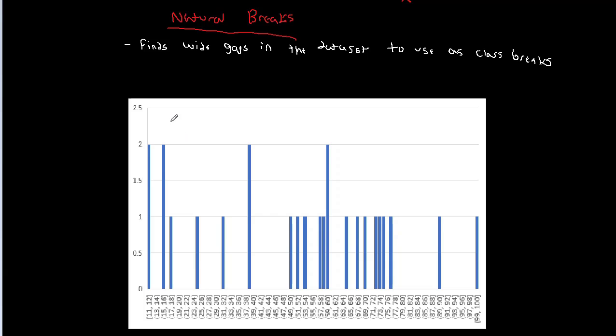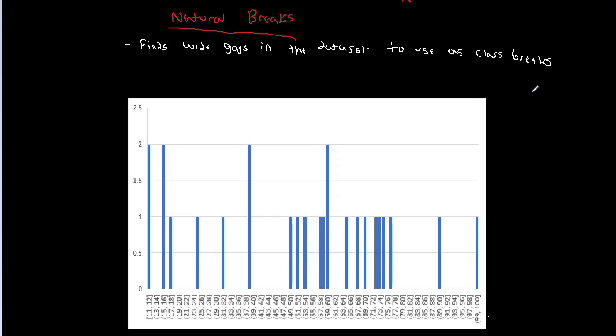This is a histogram of the data set that we've been using up to this point. On the x-axis, these are the features, so this is the number of features that have a value of 11 or 12, 15 or 16, 17 or 18, 37, 38, and so on.